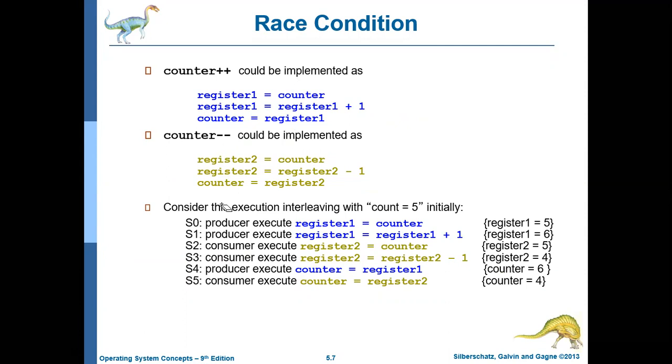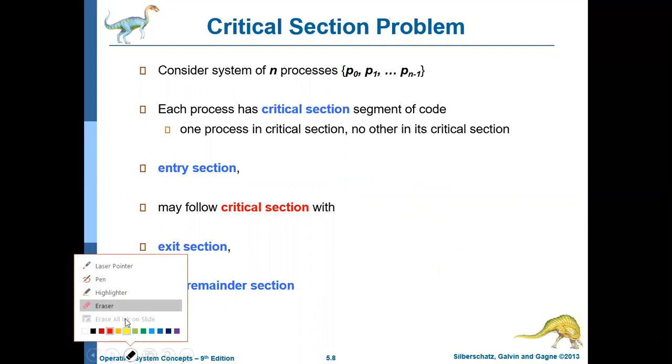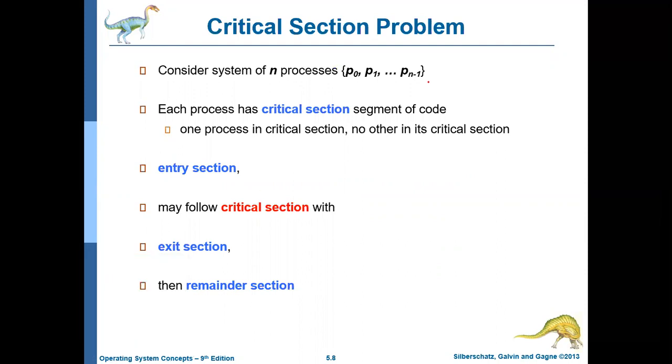First we'll discuss the critical section. Consider a system of n processes, P0, P1, P2, P3 up to Pn minus 1.